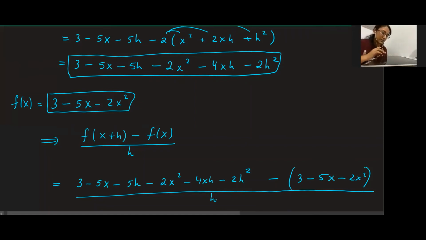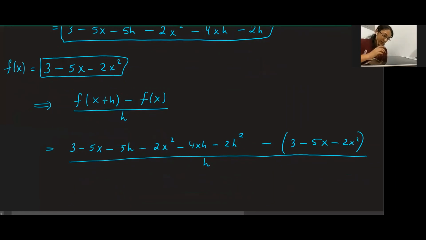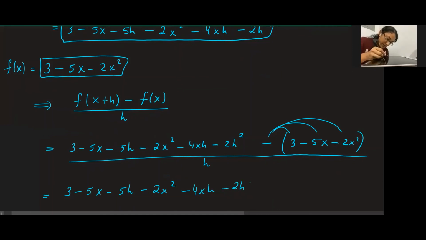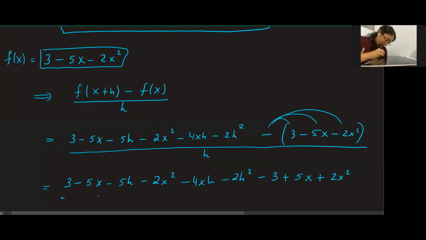And now we're just going to go ahead and simplify this. So go ahead and distribute this negative 1. So we have 3 minus 5x minus 5h minus 2x squared minus 4xh minus 2h squared, minus 3 plus 5x plus 2x squared, forgetting to multiply those negatives, and all over h.